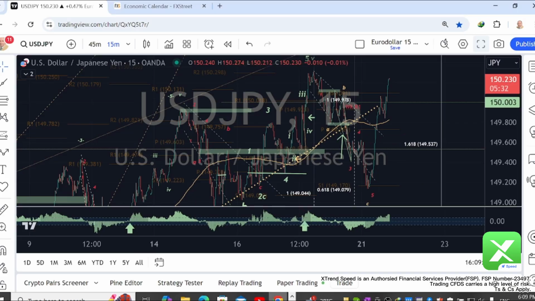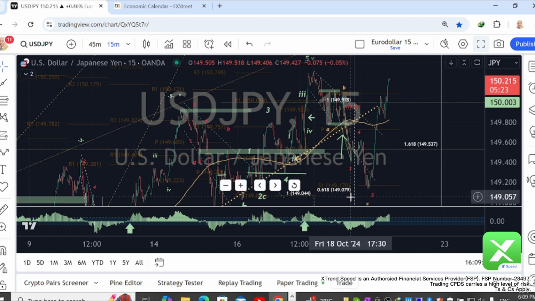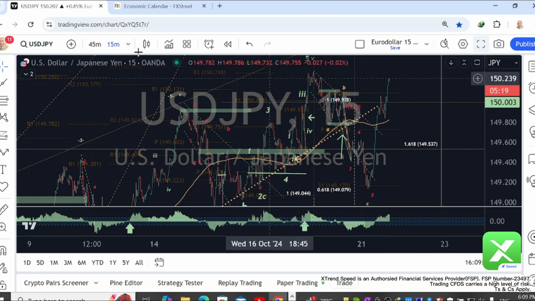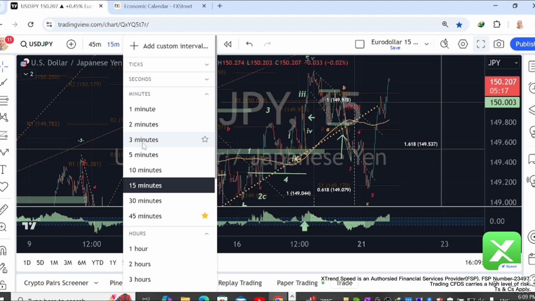All right, so this took off, and that was expected because, of course, sterling yen also took off. And we're seeing the same 15-minute that we were seeing on our own analysis. Take this to 5.